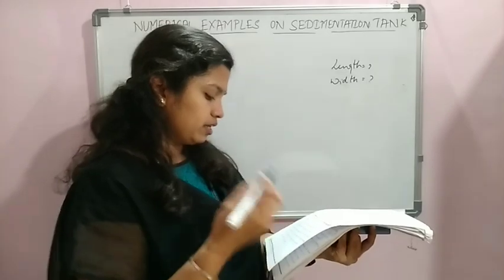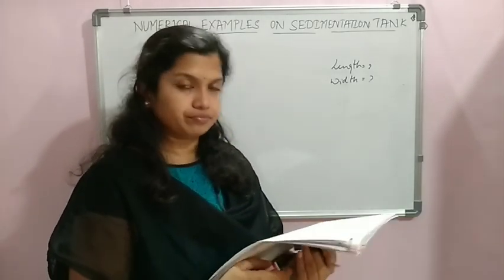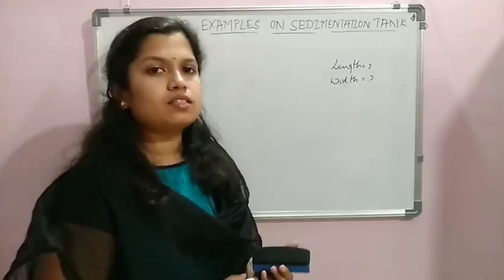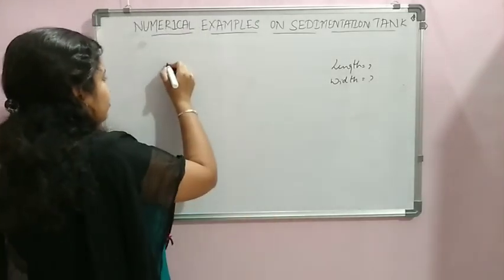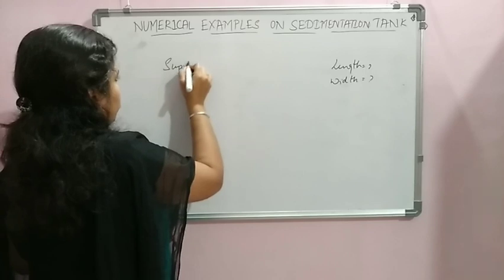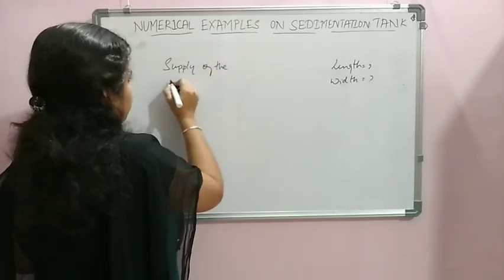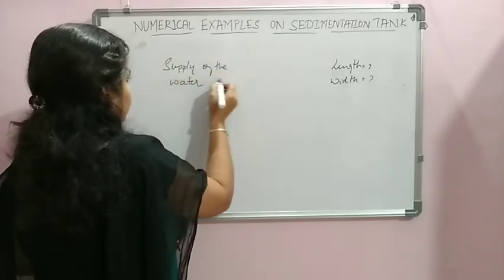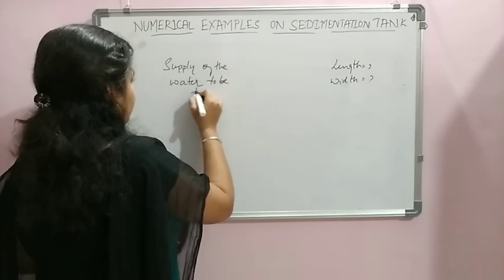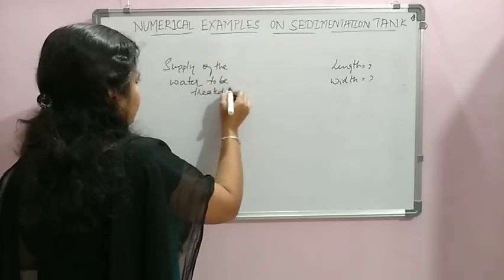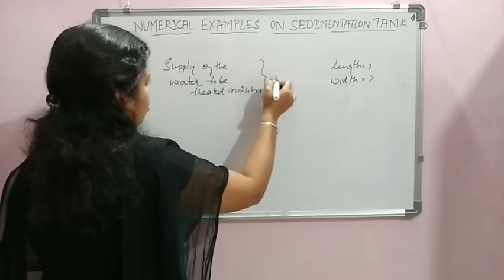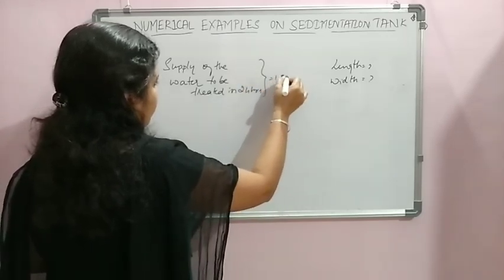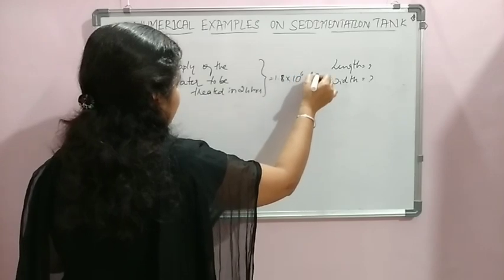In order to find this, they have given us several data. Supply of the water to be treated in 24 hours is 1.8 into 10 raised to 6 liters.